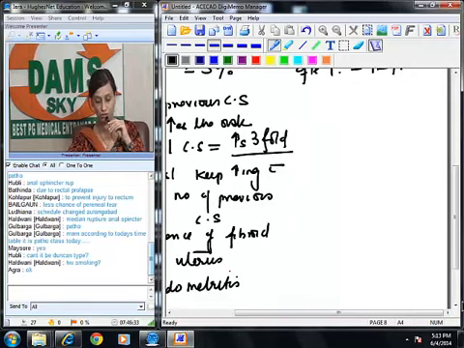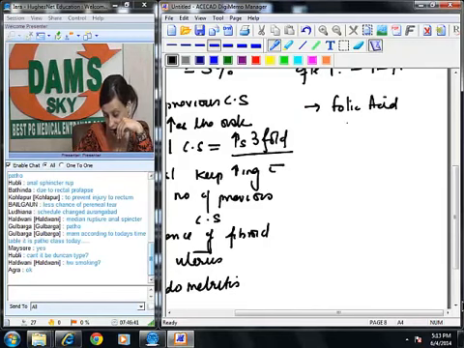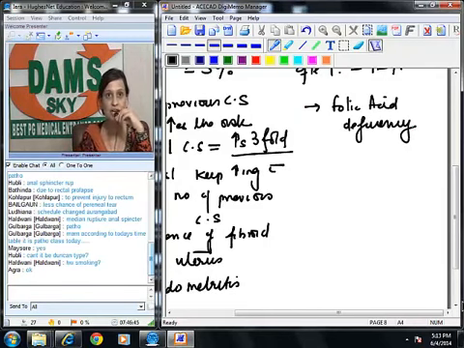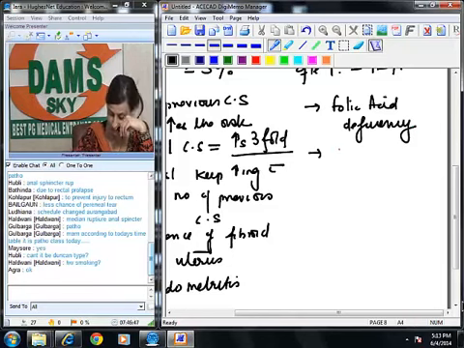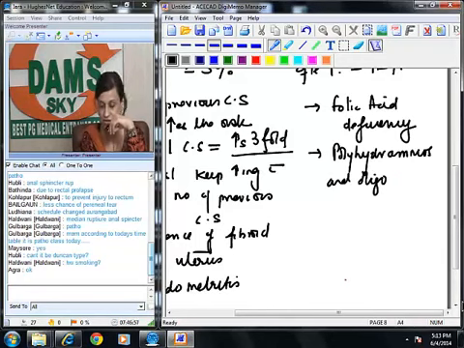What about abruption? What are the other risk factors for abruption? Folic acid deficiency has been related to abruption. Both polyhydramnios and oligohydramnios are known to be risk factors.